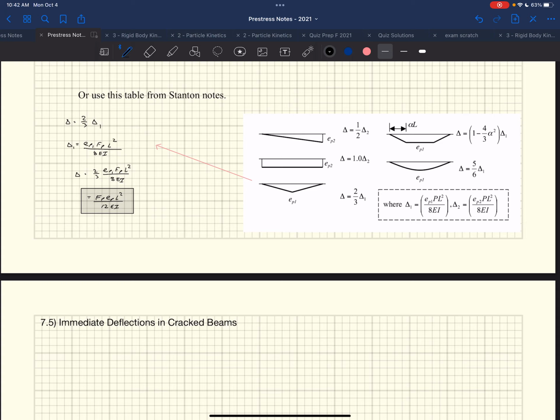A funicular structure is said to be a structure which can achieve an equilibrium state by adopting a particular form or geometry. Cables and chains, I like this one.